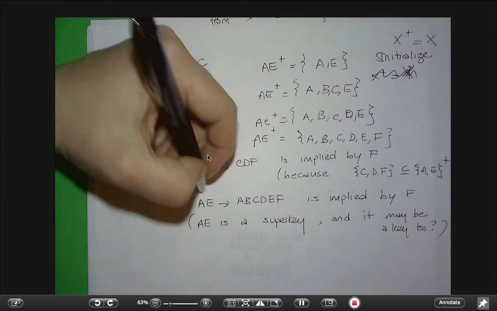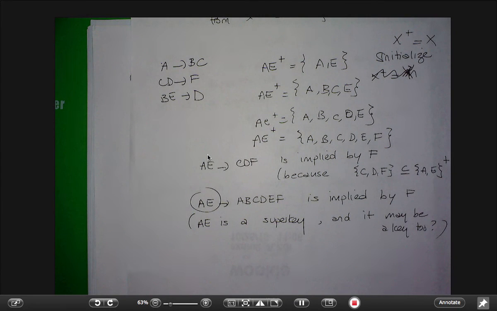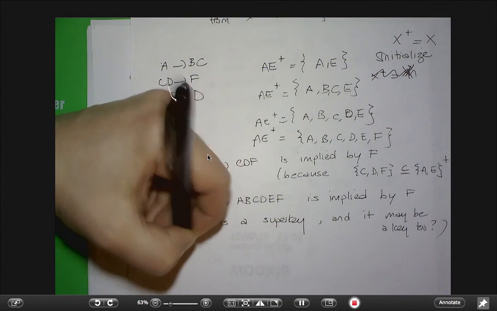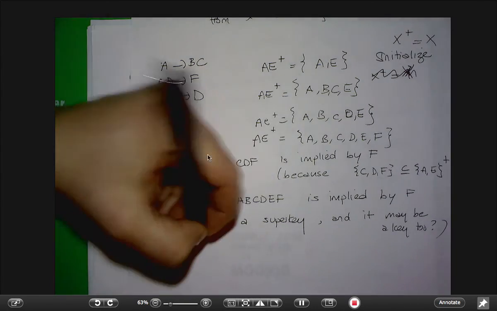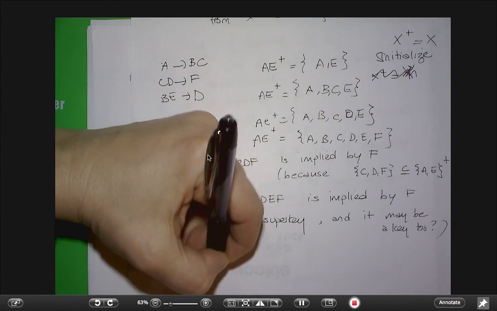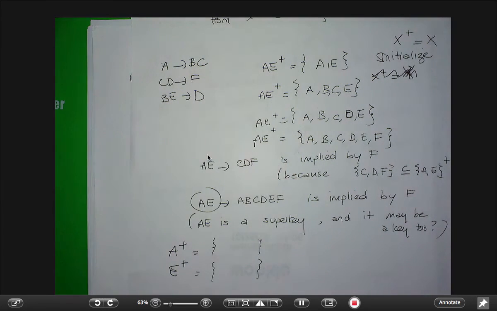Now I do know that AE is a superkey. I need to show that A or E are not keys, right? So I need to find the closure of A and the closure of E, and then see if they are actually keys. If they are keys, then AE is not a key. Okay? So what is the closure of A?